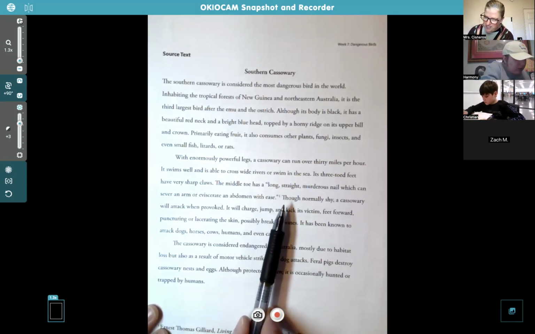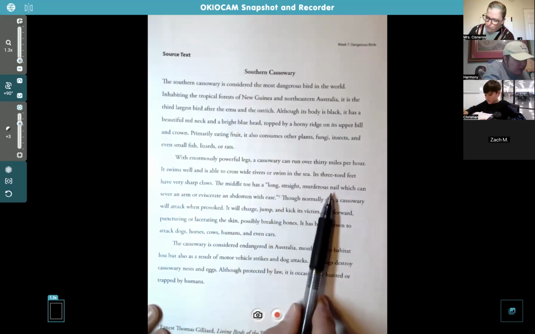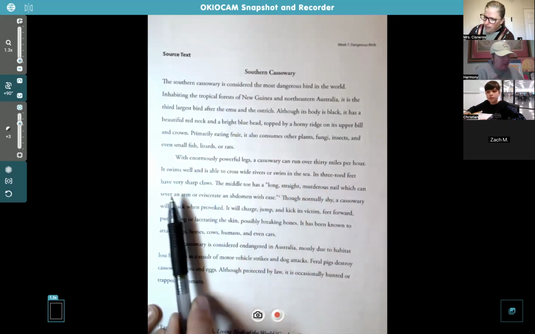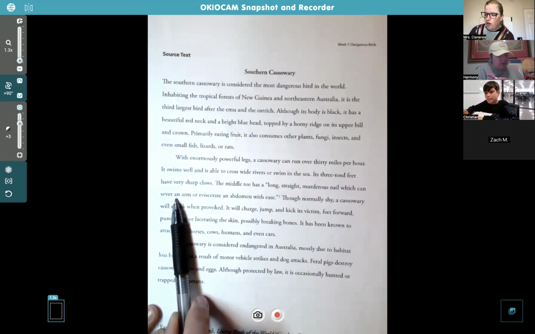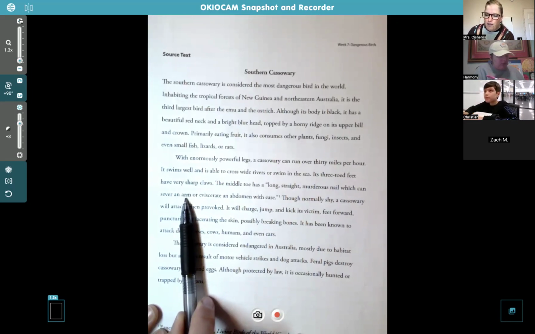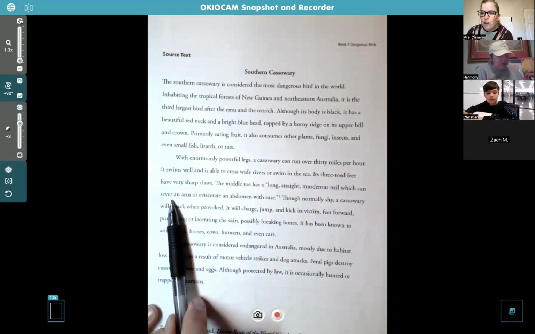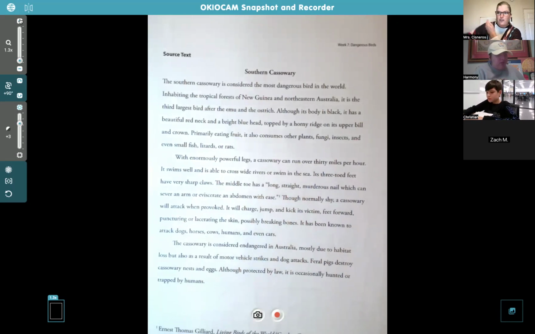Okay, let me explain a couple things in here. Murderous, not tail, but that word murderous means it can kill. And do you know what sever means? It basically means to cut off an arm. And I'm thinking through the bone and everything. To sever an arm means to just cut it off of your body.